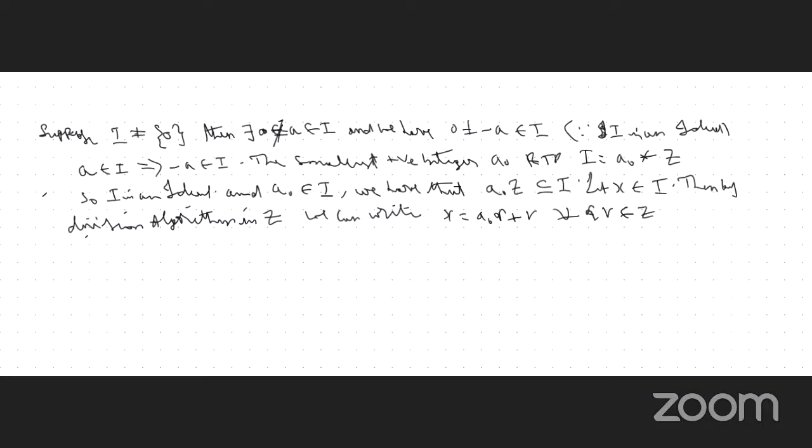With 0 less than or equal to r less than a0.